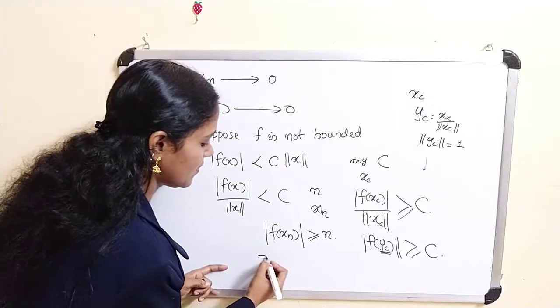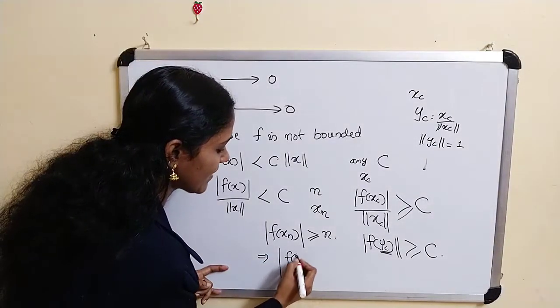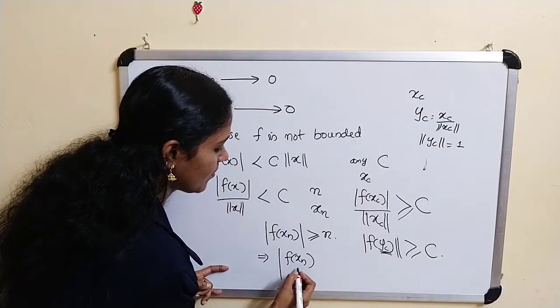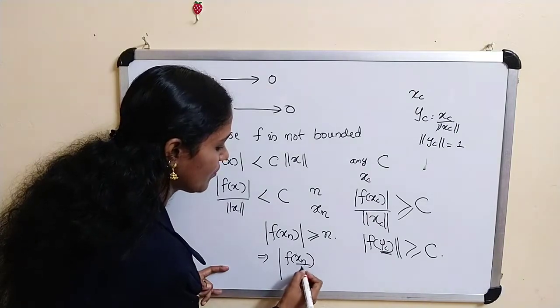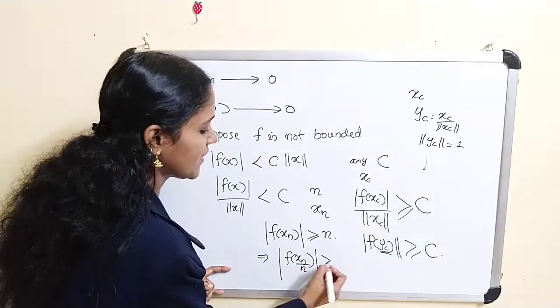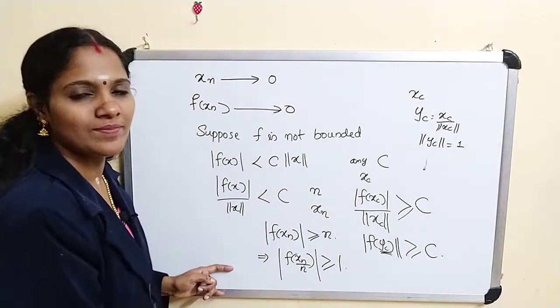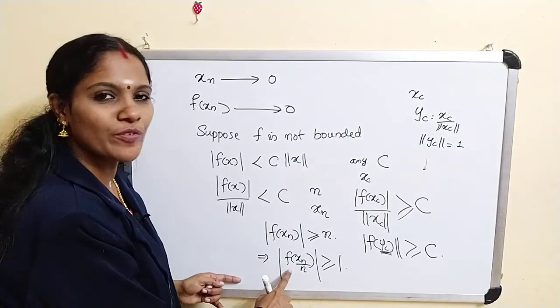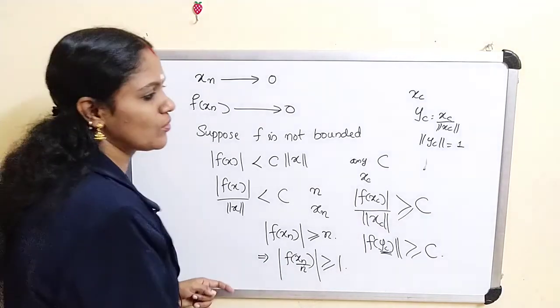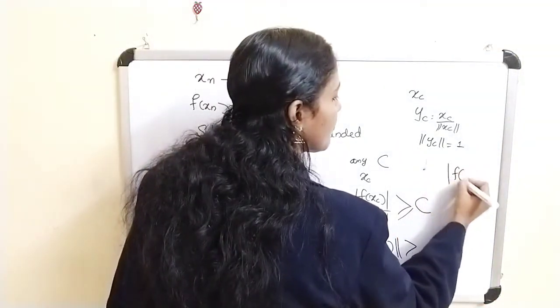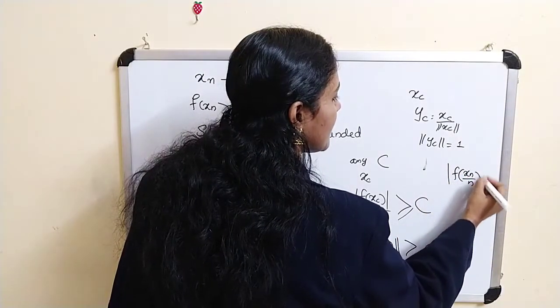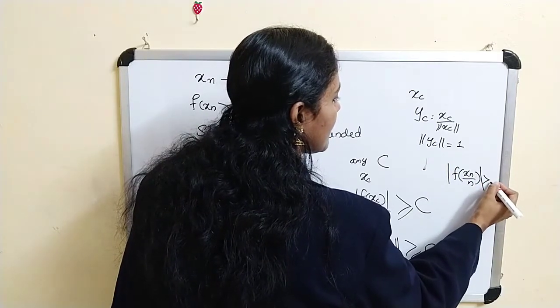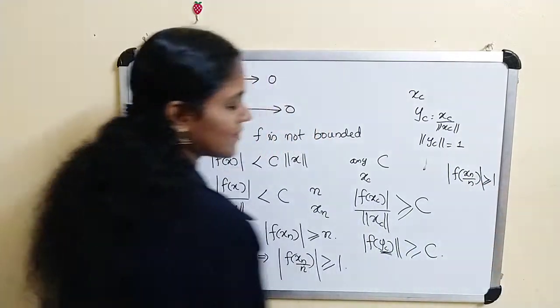This implies modulus of f of xn by n is greater than or equal to 1. Okay, f is a linear function, so we can write like this: modulus of f of xn by n is greater than or equal to 1.